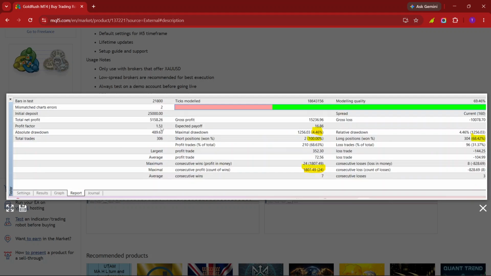Now we have a profit factor of 1.51, initial deposit of 25, and total net profit of 5,158. It had a low drawdown of 4.46 on the maximum drawdown and relative drawdown 4.46. Total trades 306. The modeling quality is 9.46. Let's move forward.